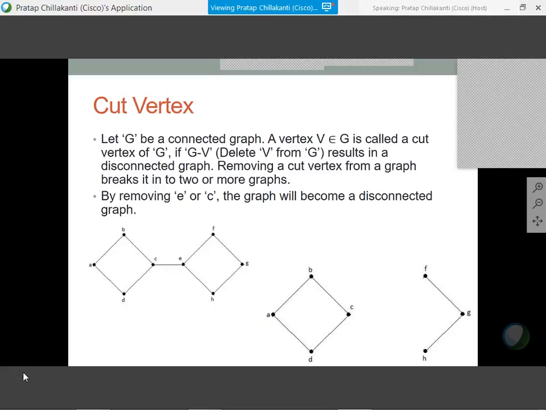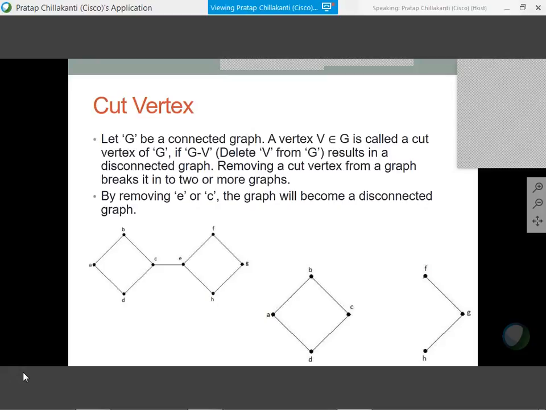Going back, I'm tying all this back to the cut theorem eventually. When you talk about a cut, we looked at the cut set, which is a set of edges which would cut the graph into multiple subgraphs. You have a cut edge, and you can also have a cut vertex.